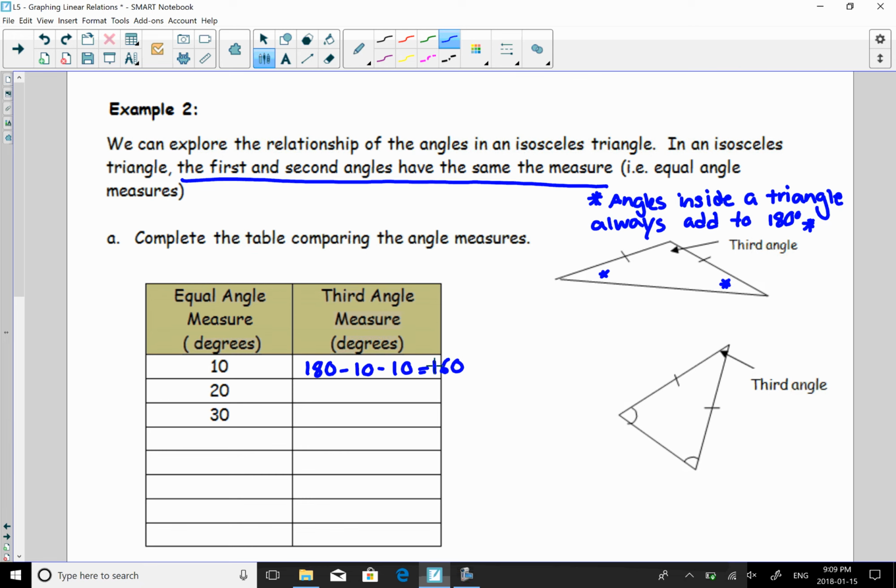Same thing, 180, instead of 10 and 10, or 20 and 20, you could do 2 times 20. So 180 minus 40 is 160. Excuse me. Oops, sorry, it's 140, not 160.